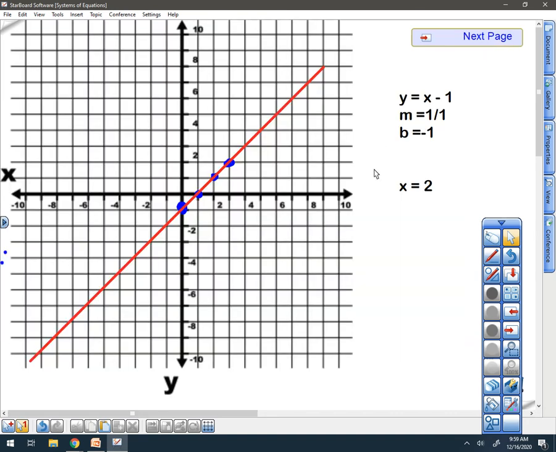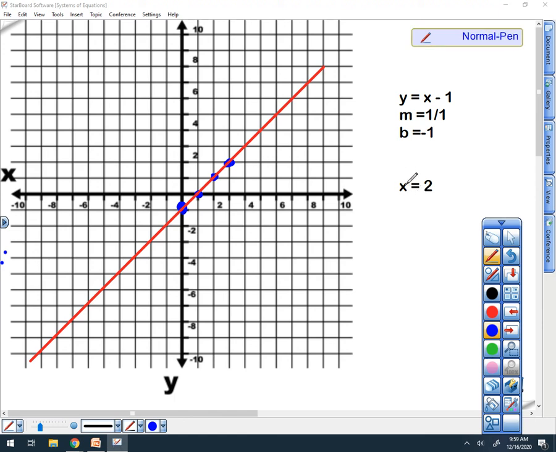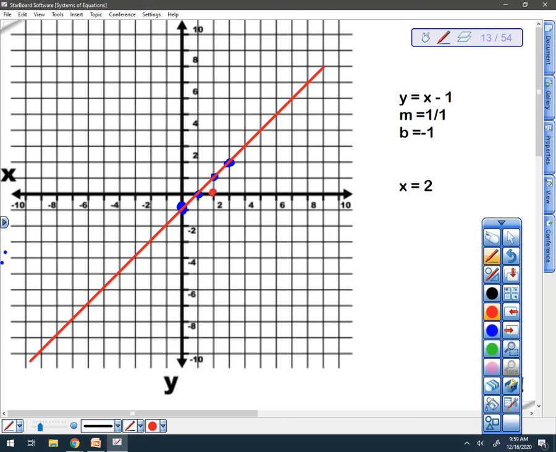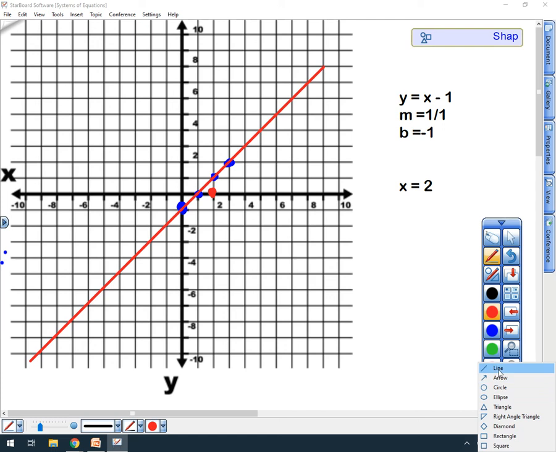So we're just going to go to 2 on the x-axis. So we're going to the x-axis, going to +2, put a dot there. So we have a dot at 2 on the x-axis. So we go to the x-axis, find 2, and then it said it's going to be a vertical line.